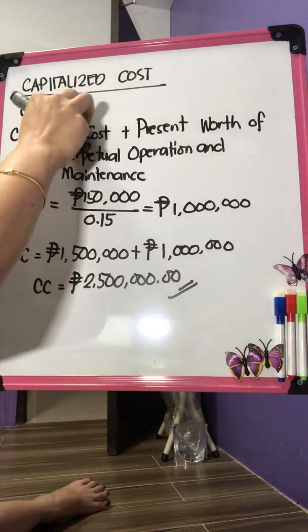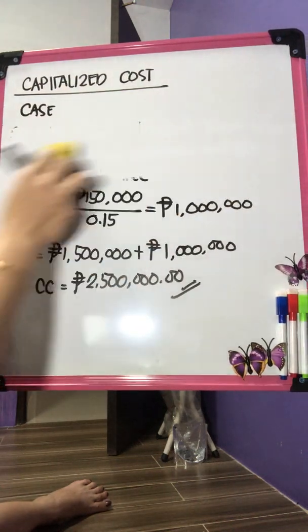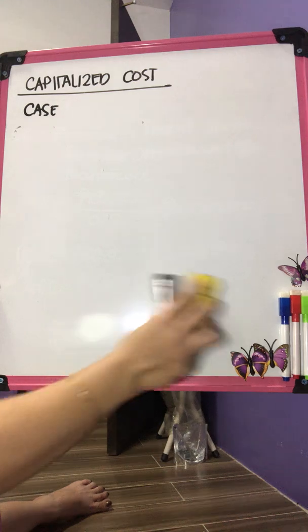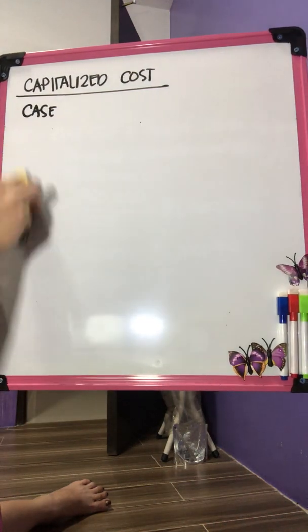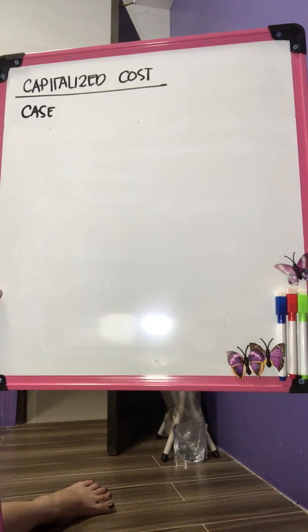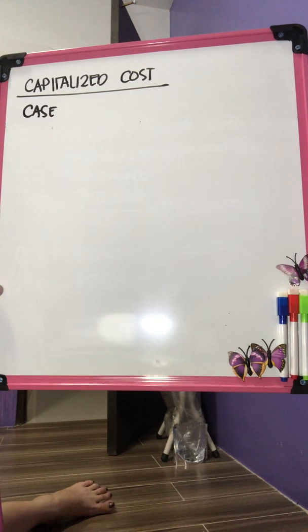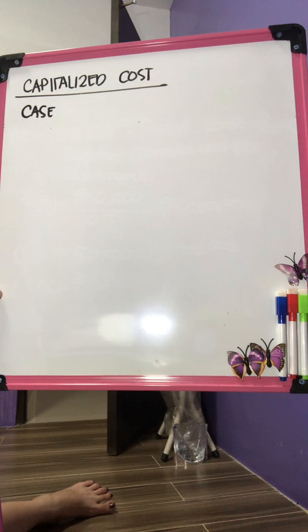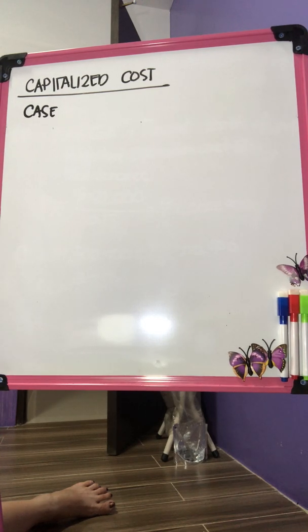So, with case number 2 naman, ang i-consider naman natin is the replacement. Syempre, katulad ng sinabi natin kanina, lahat naman ng machine, meron lang useful life. So, pag natapos na yung useful life, kailangan mo nang i-replace yung machine. So, ito yung i-consider naman natin, and ito yung formula na gagamitin natin.